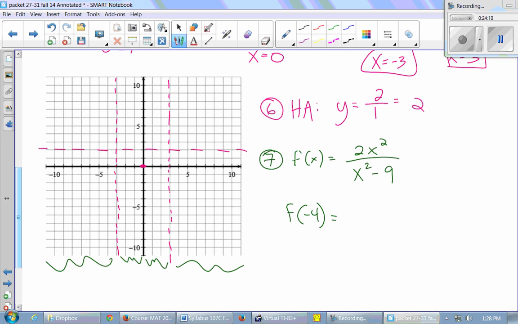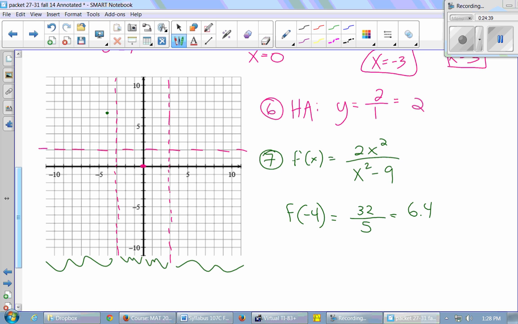If I put a -4 in here, -4 squared is 16, times 2 is 32, and then that's 16 minus 9 is 5. 32 over 5 is 64 over 10, which is 6.4. So -4, comma 6.4 is on my graph. Point about right there.